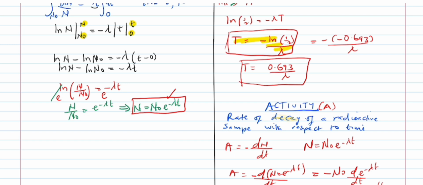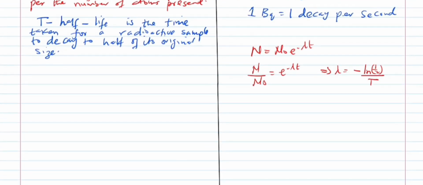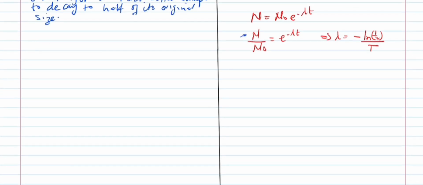So we'll just rearrange and make lambda the subject of the formula. So we can write this as N over N naught is equal to e to the power of negative times negative ln half over T, times t. The negative signs will just cancel out each other. So we can arrange this as N over N naught is equal to e to the power of t over T times ln(1/2).